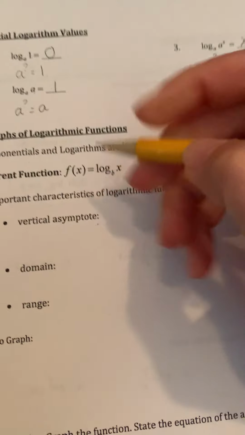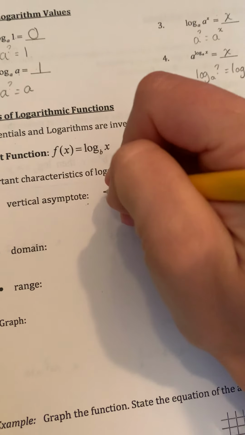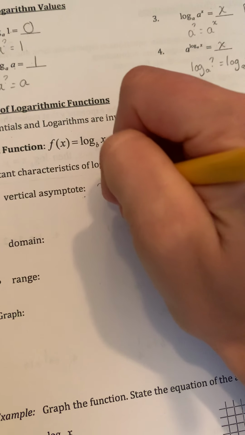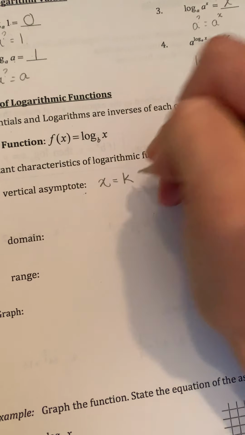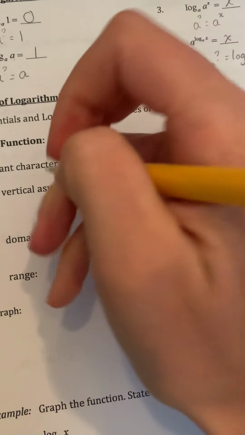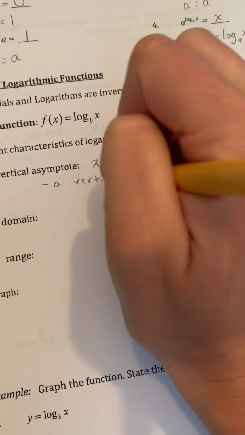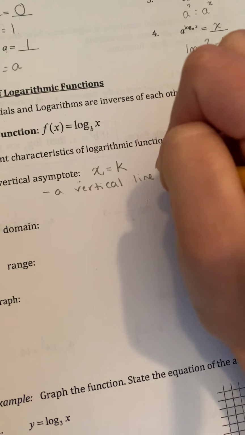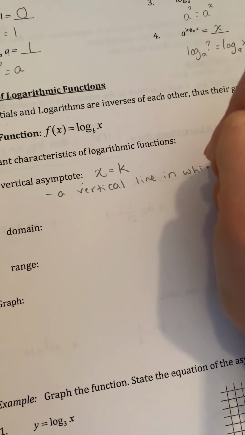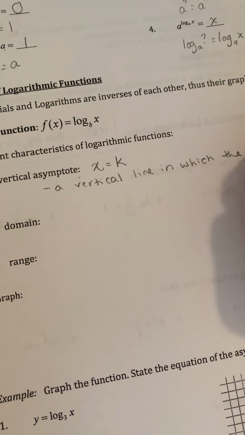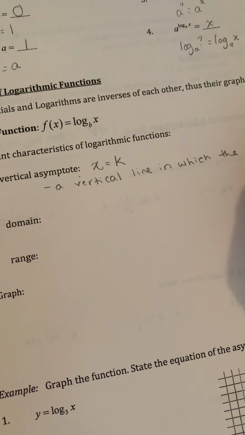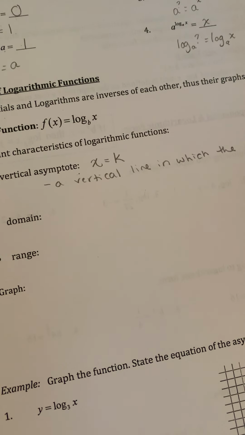Remember, a vertical asymptote, a vertical line, will always be in the form of x equaling some constant. Okay, so this is a vertical line in which the graph approaches, but remember, never touches.